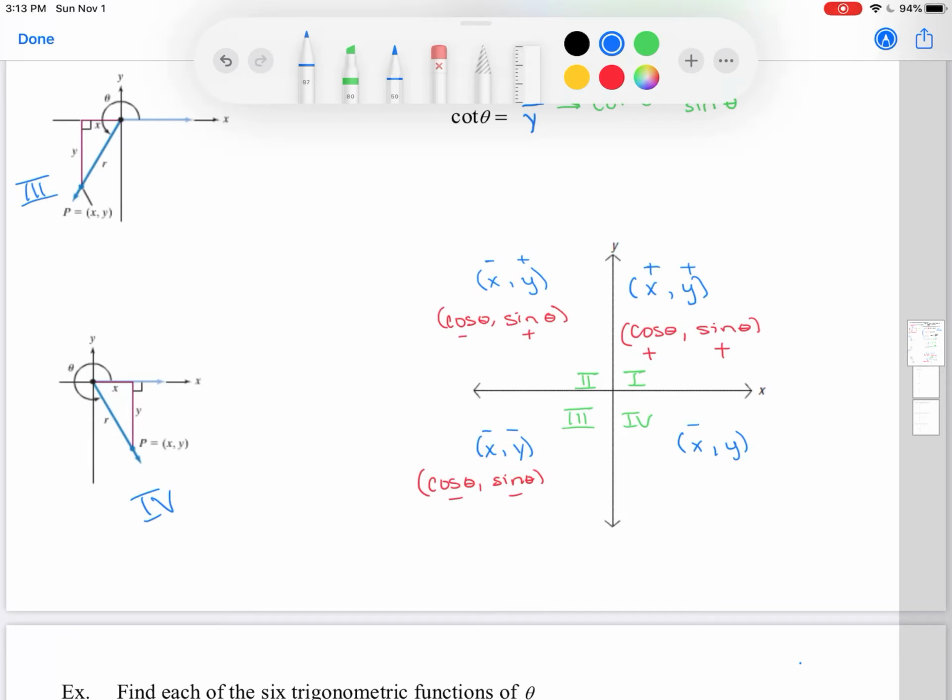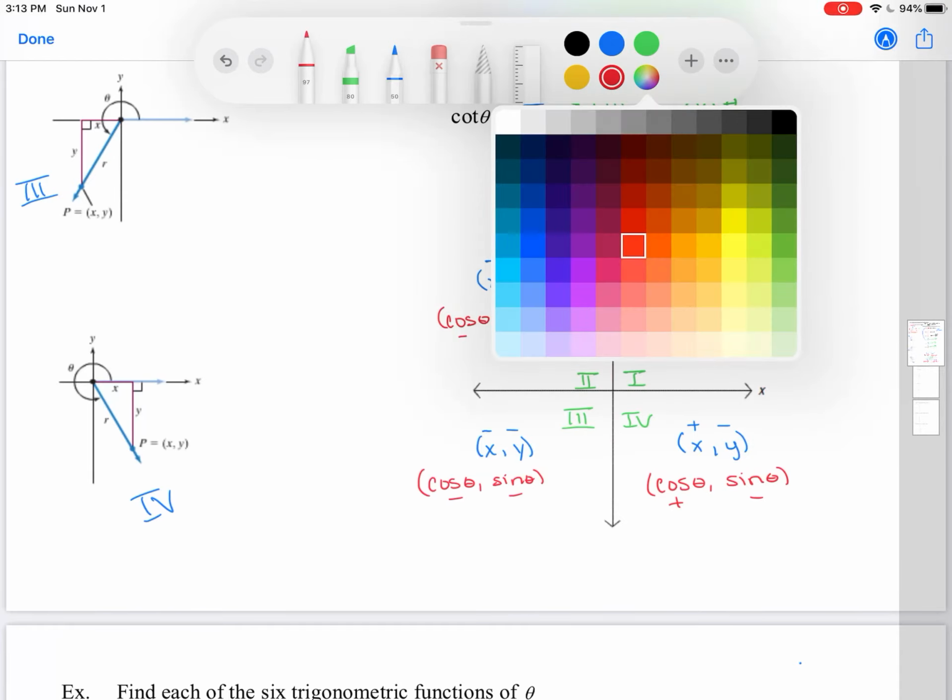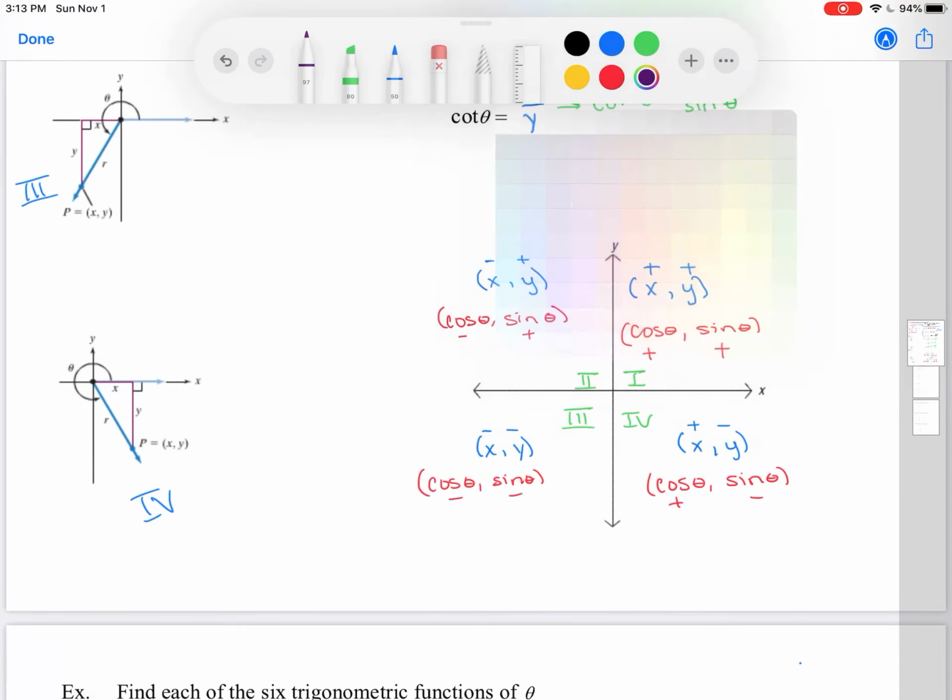Both terms are going to be negative in that third quadrant. So when I get to my cosine and my sine, they will also be negative. And last but not least, my fourth quadrant, my cosine of theta and my sine of theta: cosine will be positive, sine will be negative.